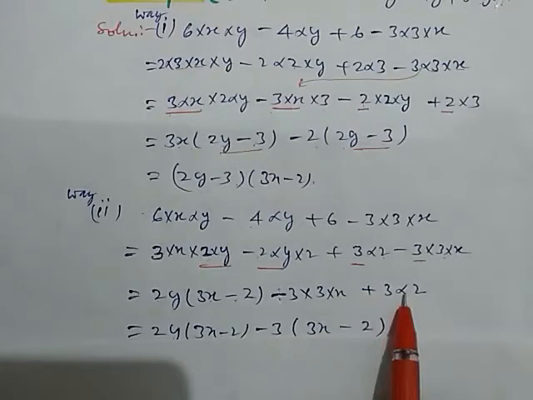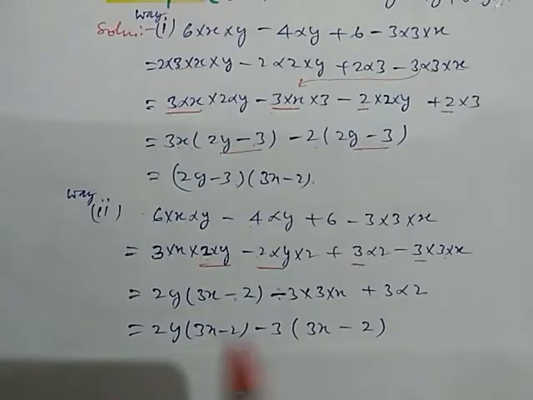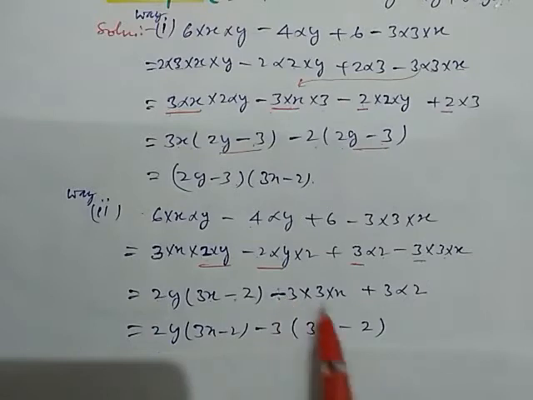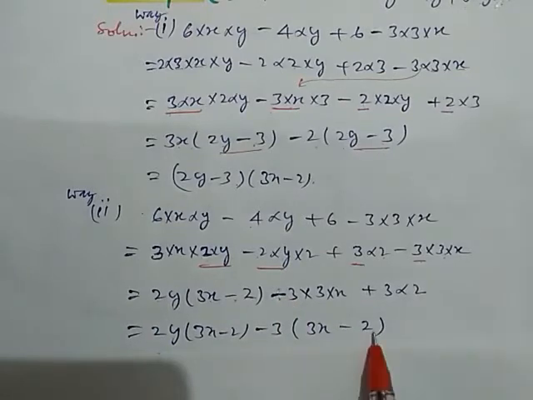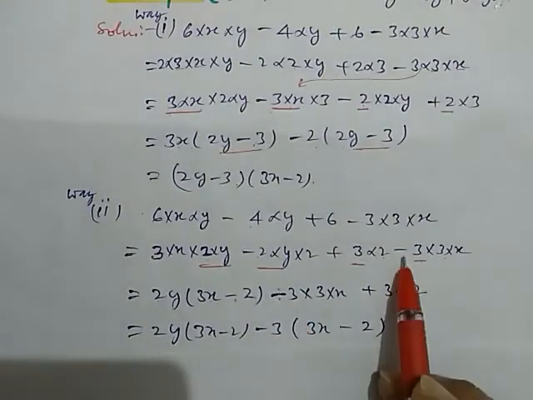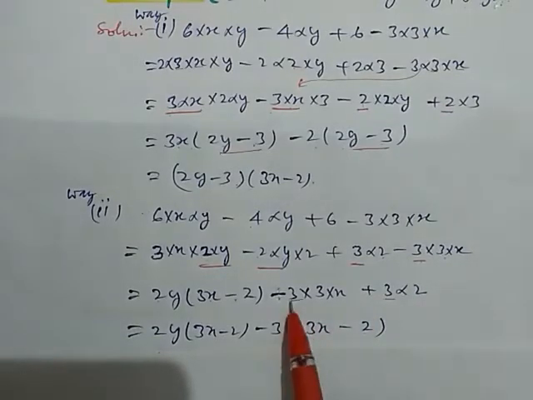Here we can see when we take minus 3 common, we get the same term as here. If we do not put this here, this term is something different. The sign is different. So to make the sign the same, we take this minus term here. Now here we can see 3 is common, so we take minus 3 common.